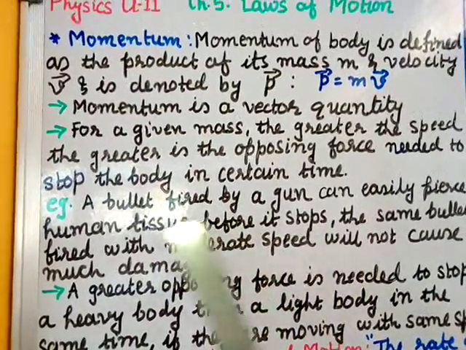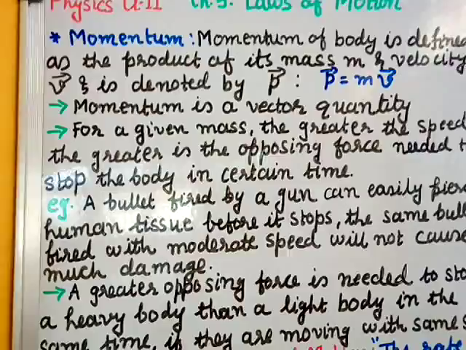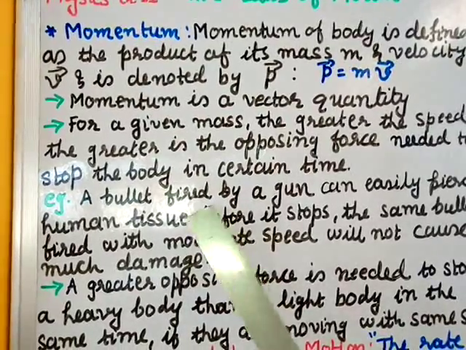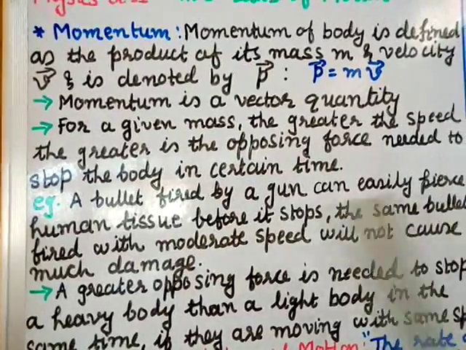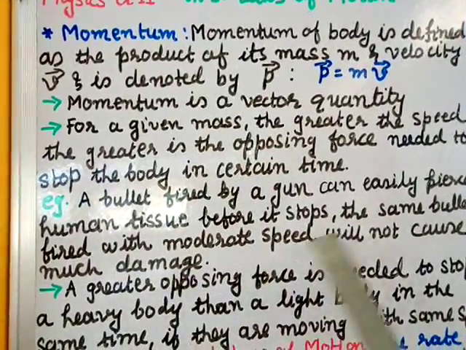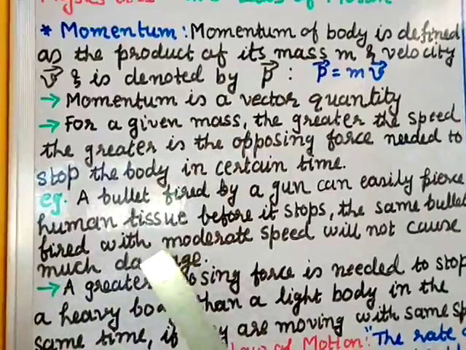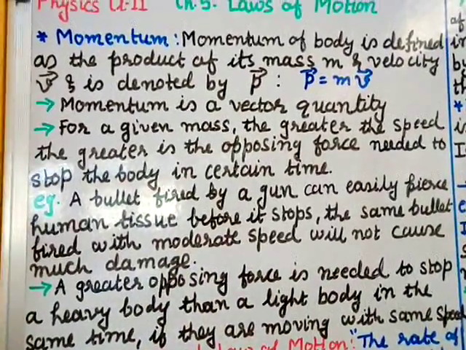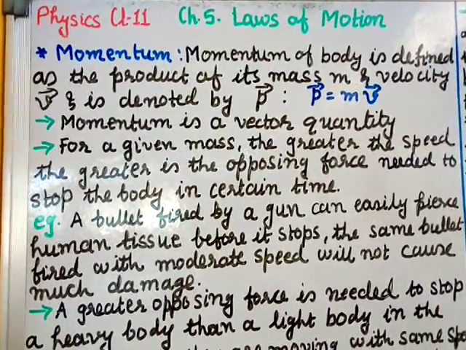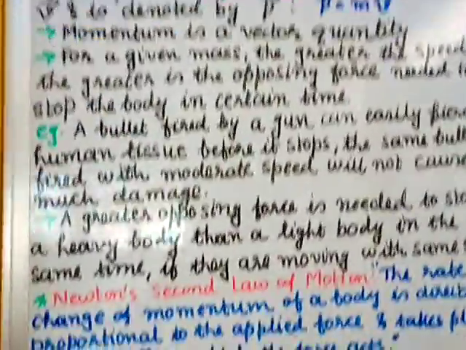You know that a bullet is small in size and small in mass, but if it is fired from a gun, it has a high speed, so it will pierce the human tissue easily. The same bullet fired with moderate speed will not cause much damage, and if you throw the same bullet with your hand, then you know that it will cause no damage.